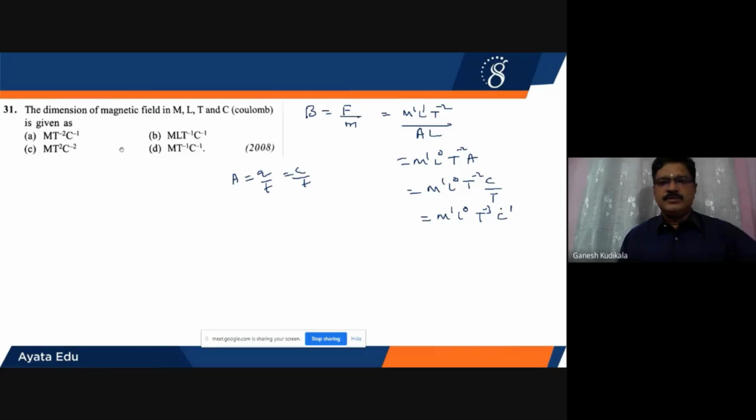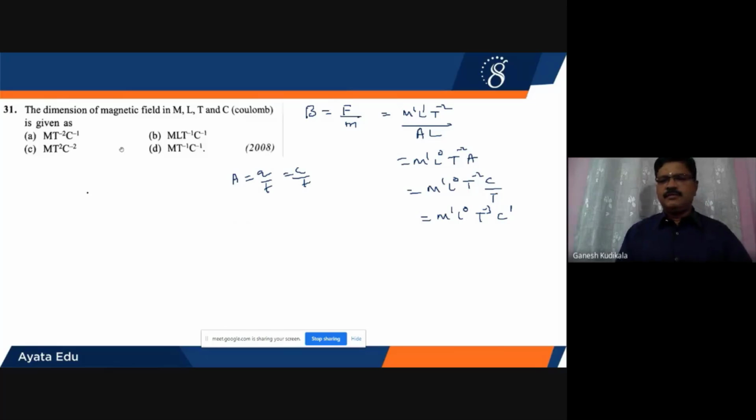Definitely it can be either second or first option, or even third option, because lengths are not there. T power minus 3 and C power minus 1.